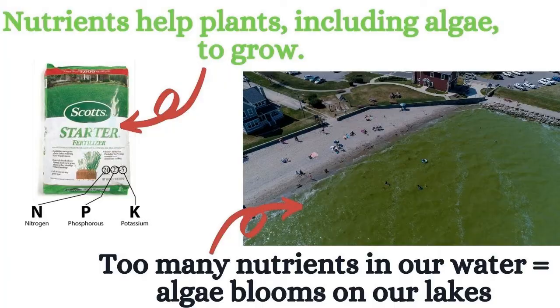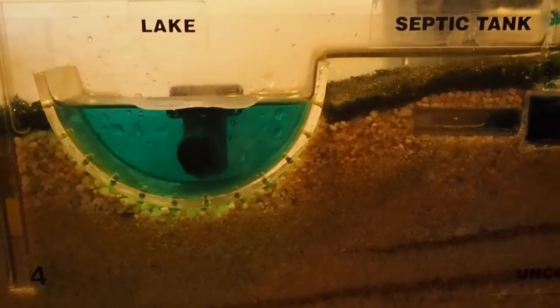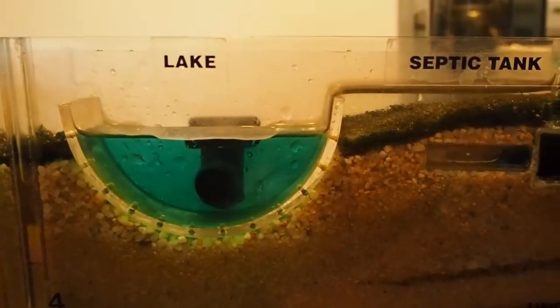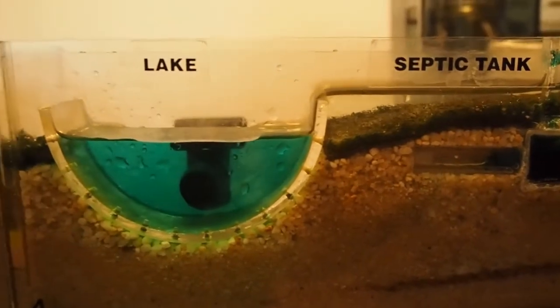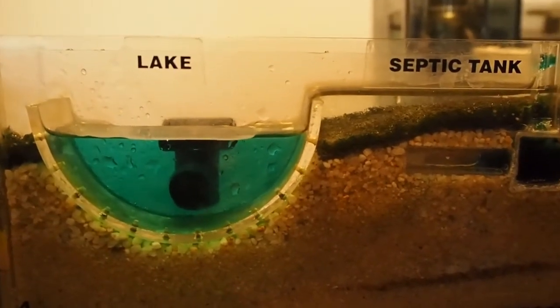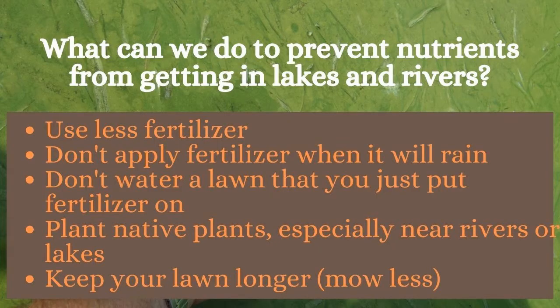Now, something that you can do to prevent more nutrients from getting into lakes and rivers is, one, to apply less fertilizer on your lawn and maybe relay that information to your parents. And then two is planting native plants instead of mowing your lawn right up to the edge of the lake there.